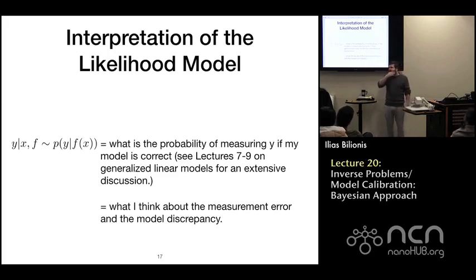Typically people only think that the likelihood is about the measurement error, and they ignore the model discrepancy. And it is absolutely okay to do that if you know that your model is quite good. But if you are in the early stages of discovering your model and you're not quite sure that you have nailed it, maybe you would like to include model discrepancy.